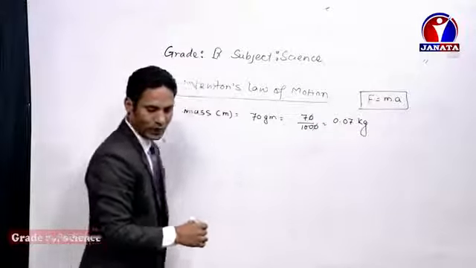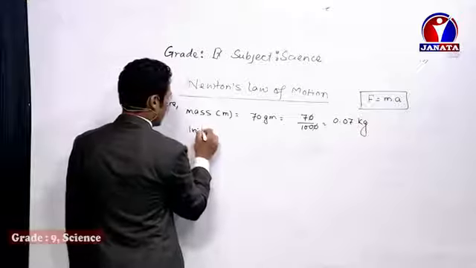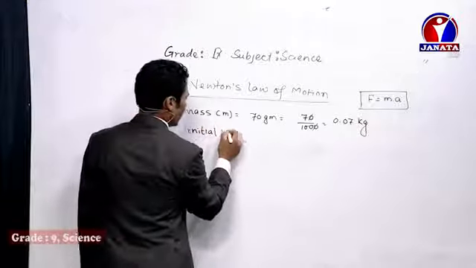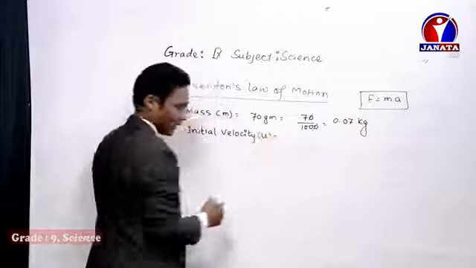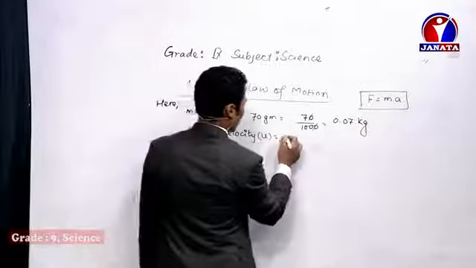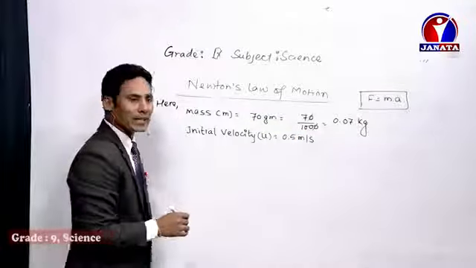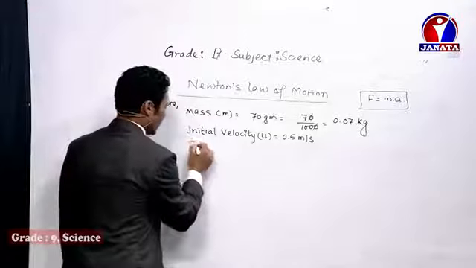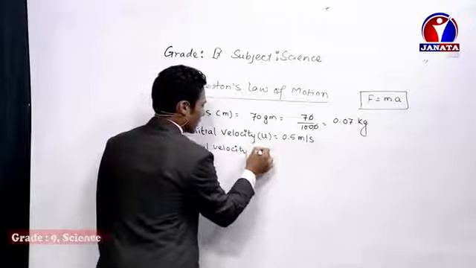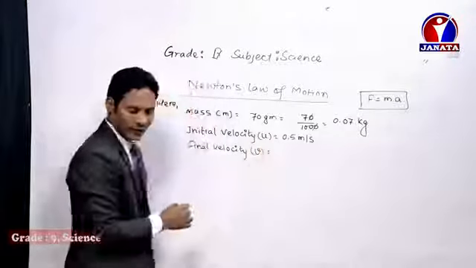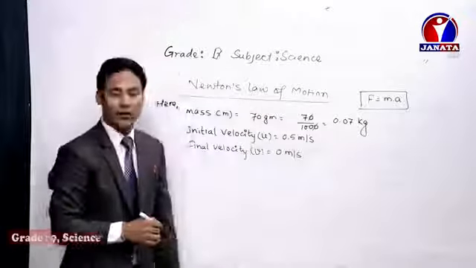Similarly, the velocity is given over there. Initial velocity, symbol is U, is 0.5 meter per second, and it comes to rest. That means final velocity, V, is 0 meter per second because it comes to rest, right?